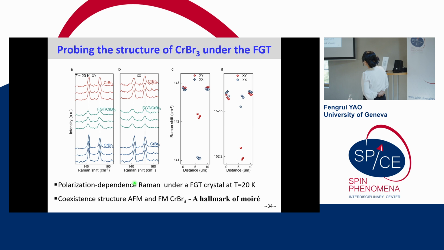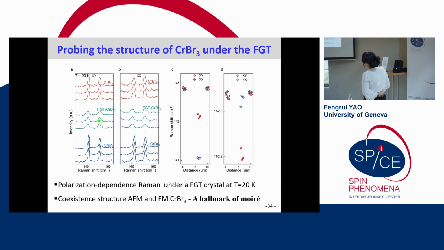And to further prove this, we also probe the polarized Raman without FGT, only on chromium bromide, and also with FGT, that means under FGT. Surprisingly, without FGT, we saw no polarization dependent behavior. It means only AB stackings here.